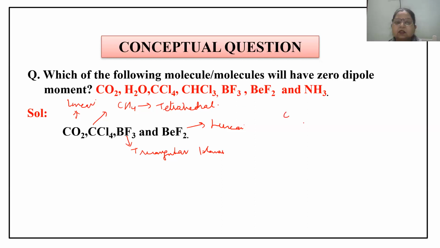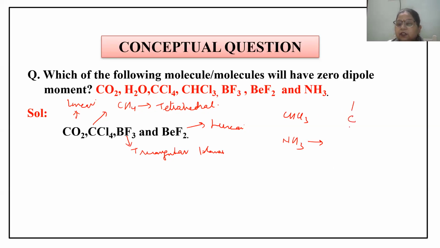In case of CHCl3 and NH3, we will have a net dipole moment. You know, ammonia has a distorted structure because of the presence of one lone pair of electrons. But what is the reason for CHCl3? Let me explain it to you.